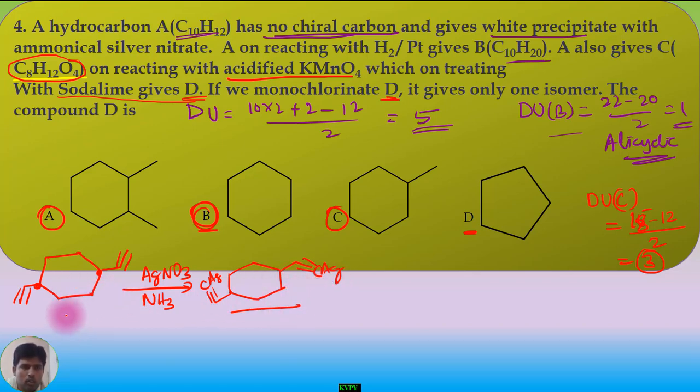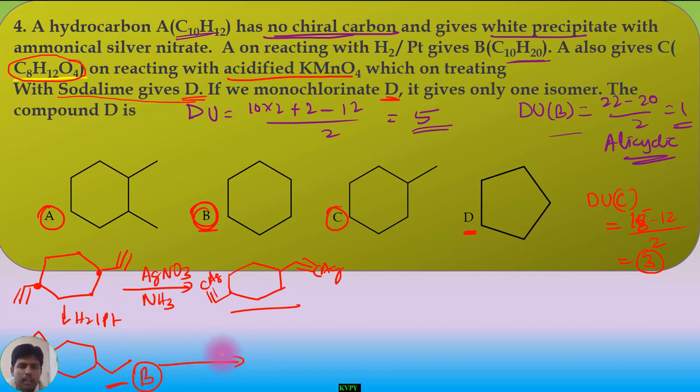This compound on reacting with H2 and Pt will form this compound. So here we have ethylcyclohexane. This is B actually.